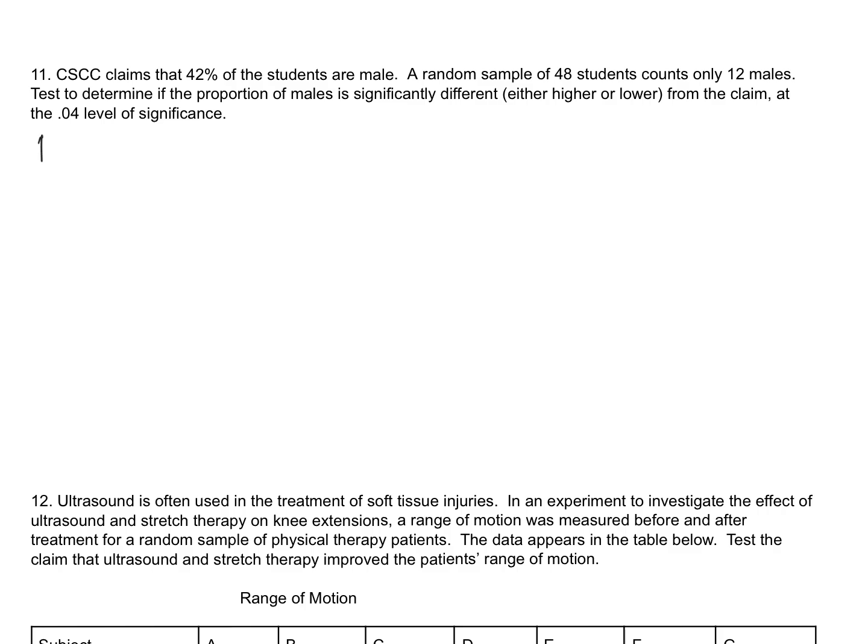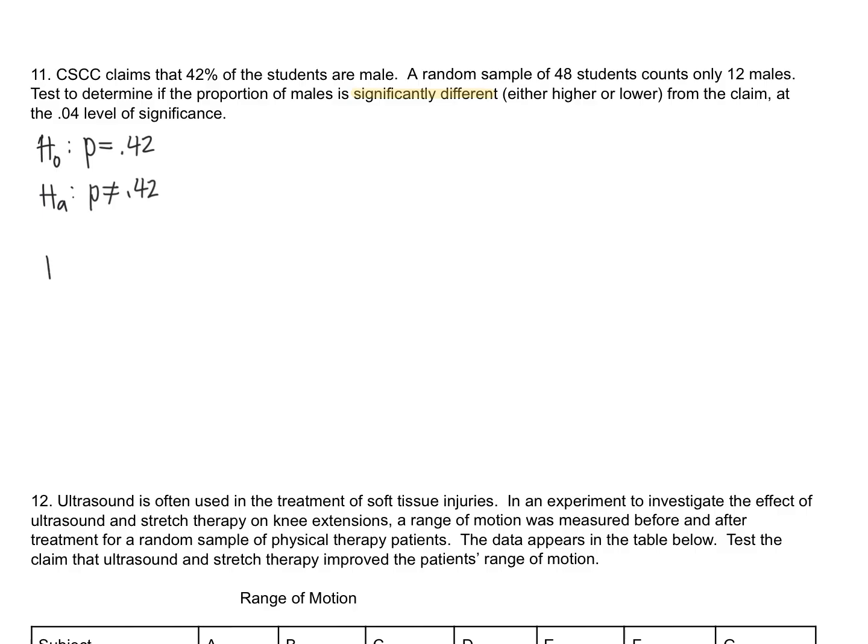So this time when we do our hypothesis test, because it's a proportion, we're going to have P equals. So our null hypothesis has to be P equals 0.42. Our alternative hypothesis, because it states significantly different, that would mean that our alternative hypothesis does not equal 0.42.